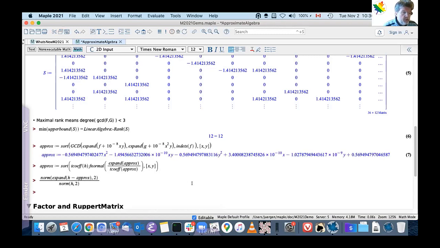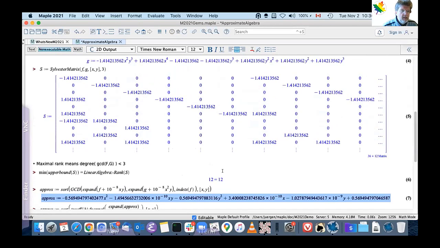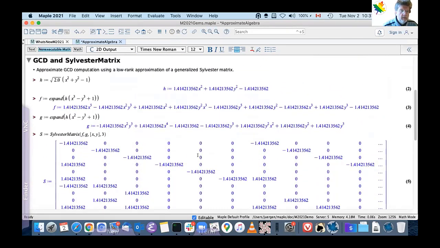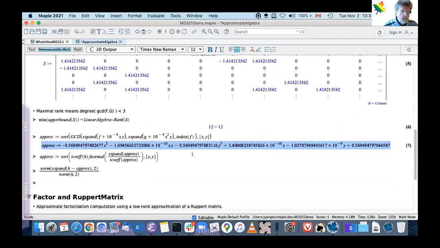So here we compute the GCD using the GCD command from the approximate polynomial algebra package, after we added even more noise. So we added some very, very small coefficients to it. And so we can see that the GCD already has the right degree. It has degree 2, but it does not look at all like the polynomial that we started out with. But if you look closer, you see that there's a lot of very, very small spurious coefficients.